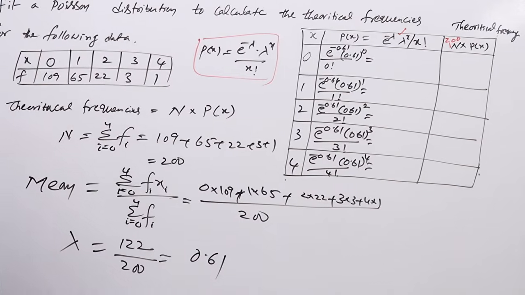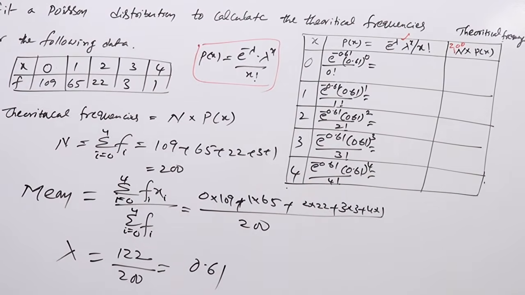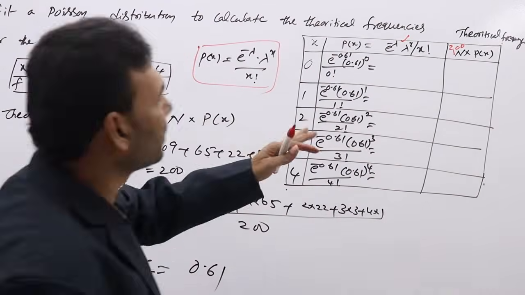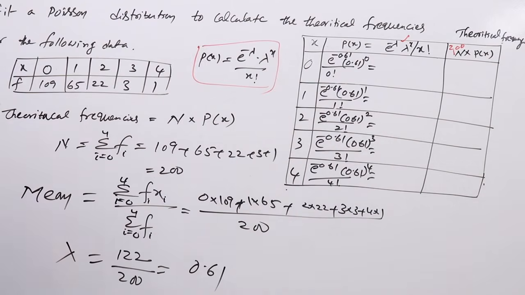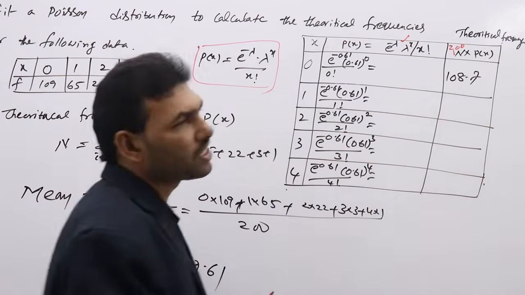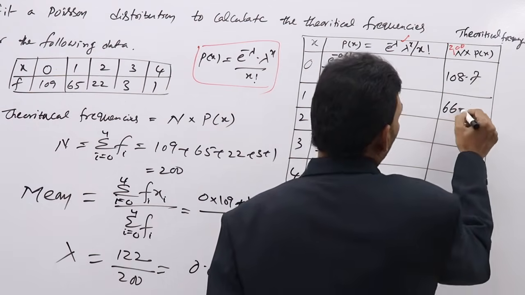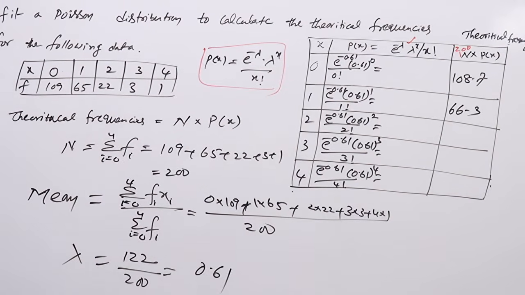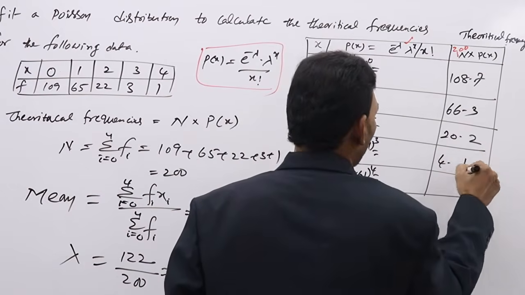Simply type those values in your calculator, and you will get the probability values. After finding this value, multiplying with 200, you will get 108.7, which can be taken as 109, and 66.3 and 20.2, 4.1.